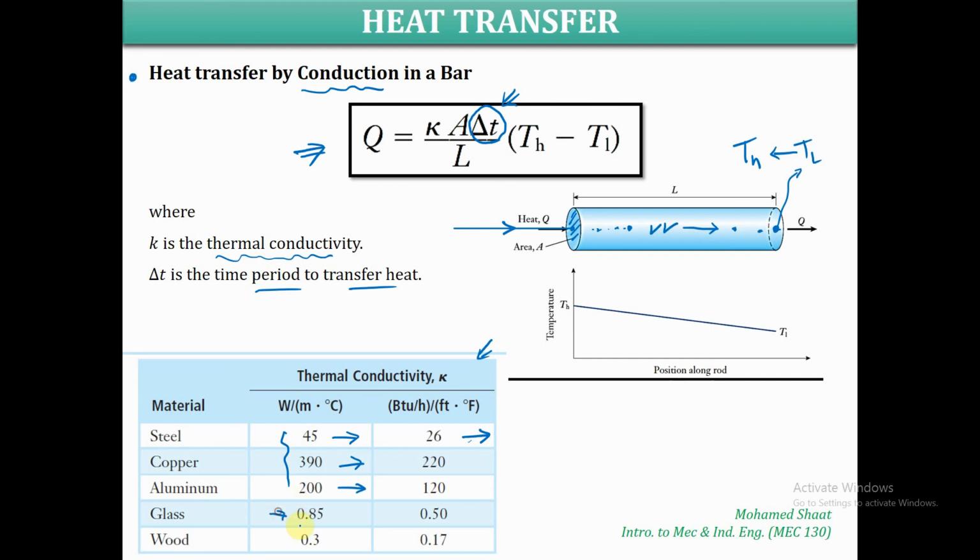But if you compare these to glass or even to wood, their thermal conductivity is too low, especially glass. Glass is a ceramic material. If you recall, when we were discussing the material types, we said that ceramics are good insulators for heat and electricity. Glass is a good heat insulator and it can support high temperature, but it is barely used for heating up.